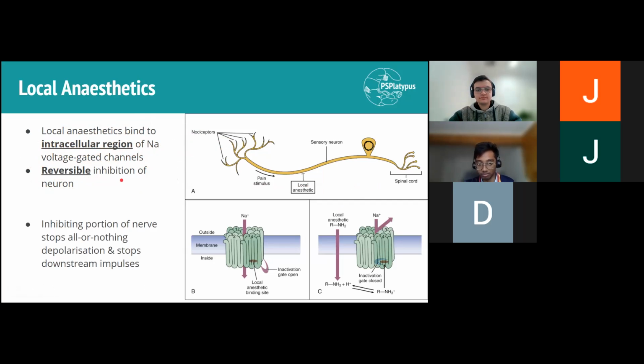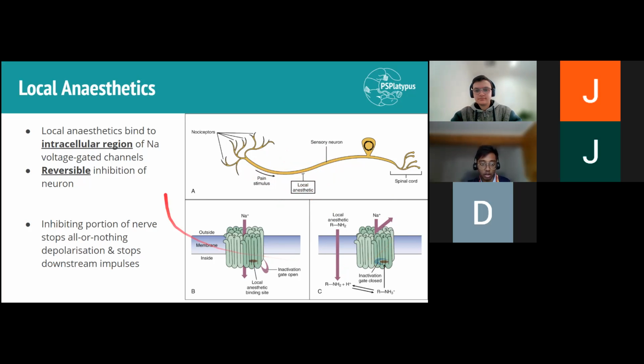Obviously, we don't want to inhibit the nerve conduction forever, but it's also important to understand that even though we cause reversible inhibition of one particular segment of the neuron, that stops the all-or-nothing response at that section. If you remember how nerve impulses are conducted down a neuron, you need adjacent depolarization to cause further adjacent depolarization. So it stops downstream impulses from that point onwards.